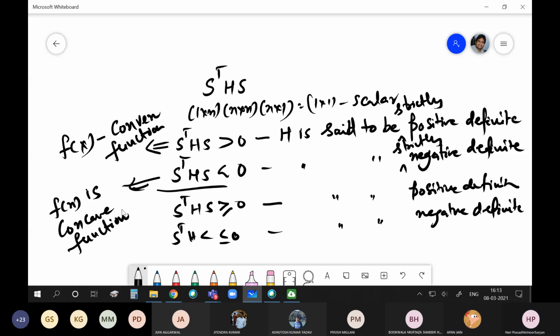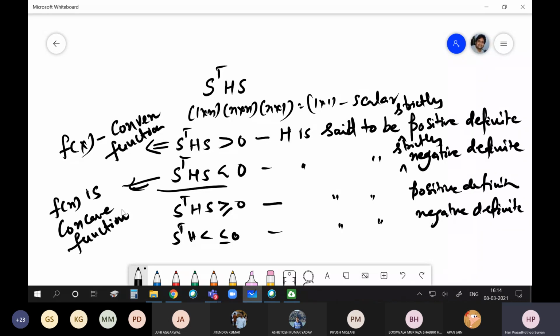Minima, which means the surface connecting any 2 points will be above the function. So for a convex function you will have a minima, and whatever minima you get will be the global minima.